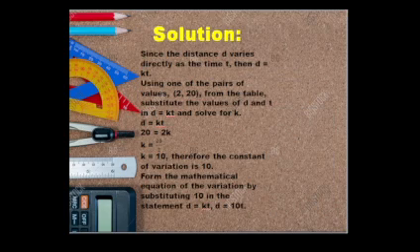For our solution, since the distance d varies directly as the time t, then d is equal to k times t. Using one of the pairs of values, we get 2 and 20 from the table, then substitute the values of d and t into d equals kt, and solve for k, the constant of variation.